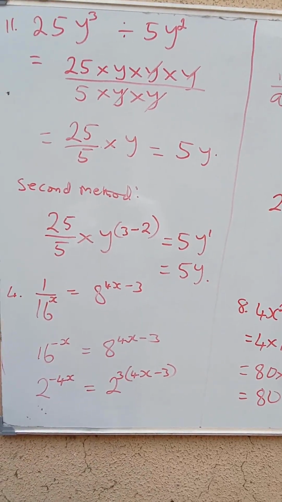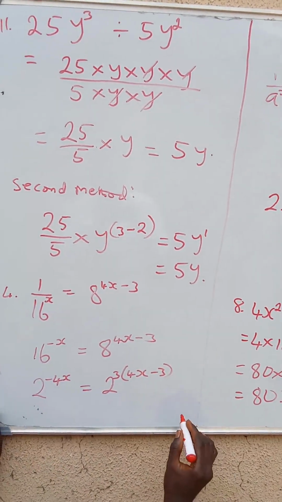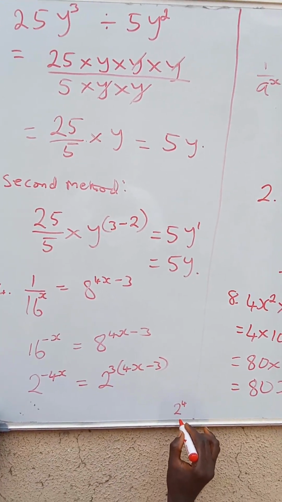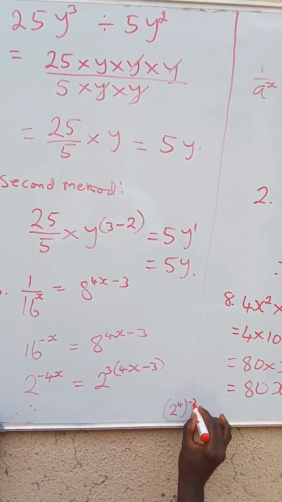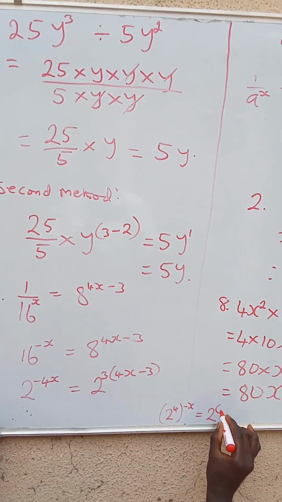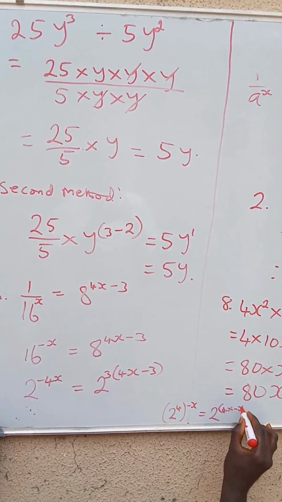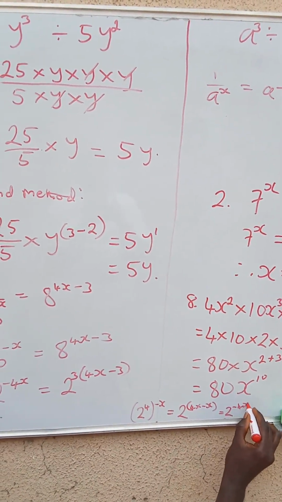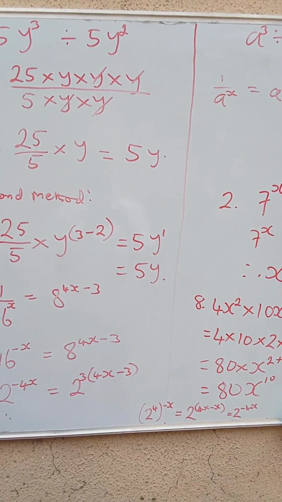Good. Now, do you know why I use this? You know that it's power law. If I have 2 raised to the power of 4 times minus x, that is 2 raised to the power of minus 4x. Right? That is what I use there.